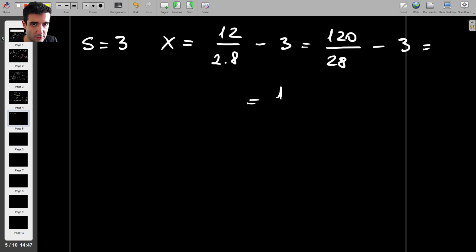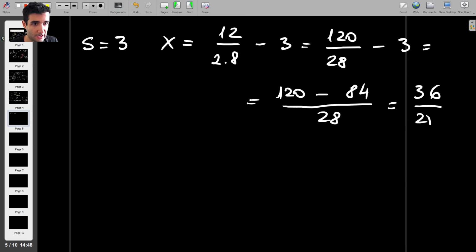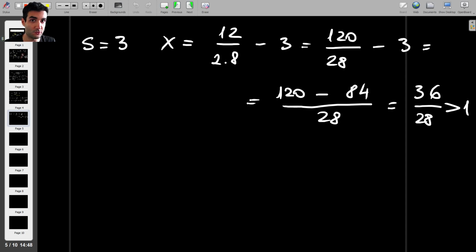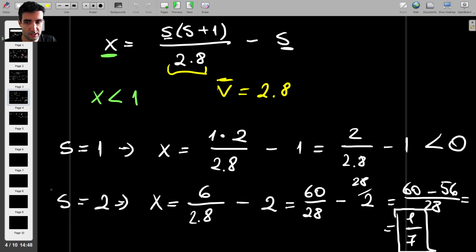And we bring things to the same denominator, so it's 120 minus 84 over 28, and this will give us 36 over 28, which, as you can see, is greater than 1. So you can convince yourself that all the S values from this point onwards are going to keep increasing and are going to be all greater than 1, which makes no physical sense. So the only correct answer in this case is found when S is equal to 2.